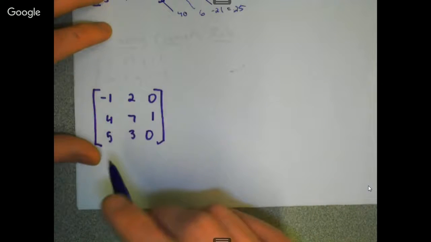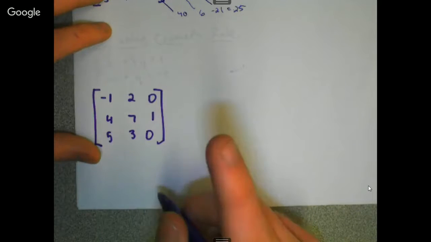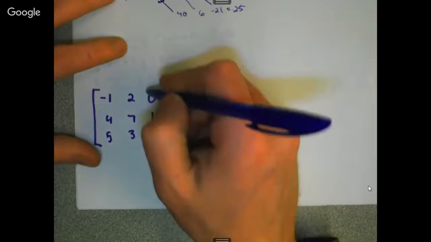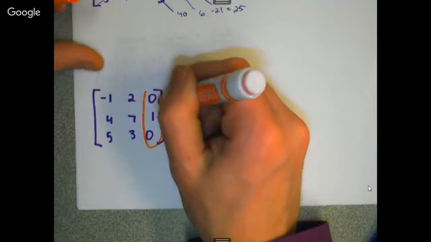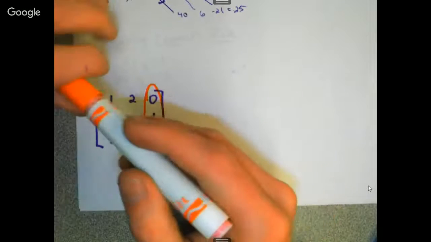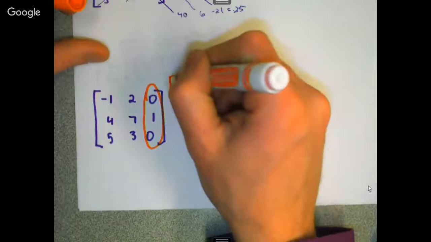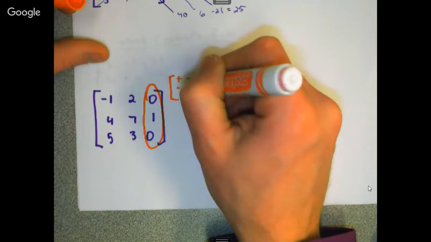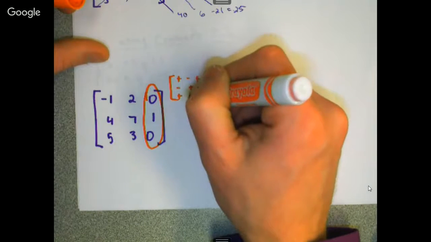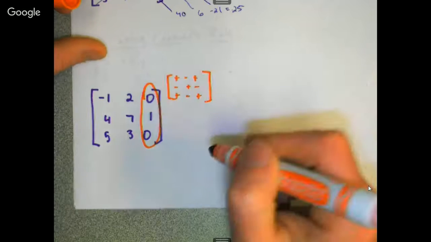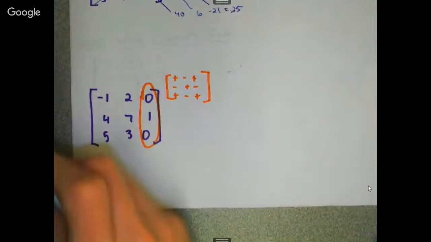I want to look for the row or column that has the most zeros, though. Okay, so if we look here, this column right here has the most zeros, so that's the one I want to expand on. And we have to know our sign matrix, as this will tell us if we will be adding or subtracting that number.